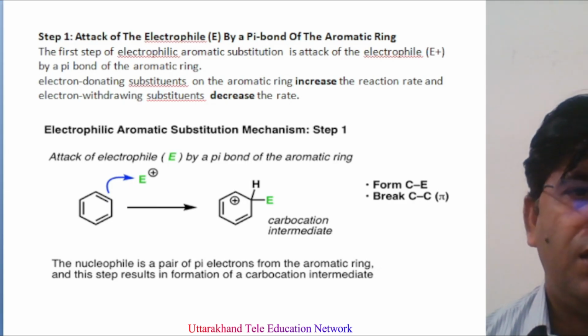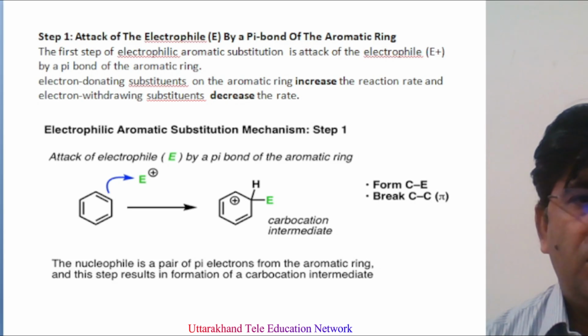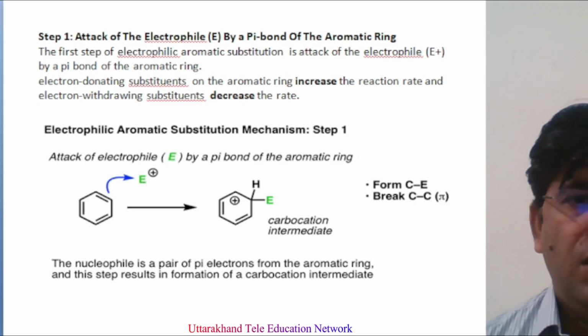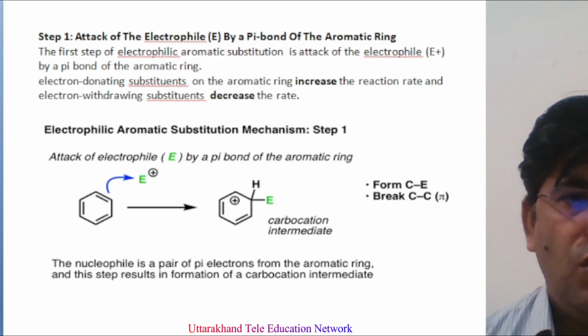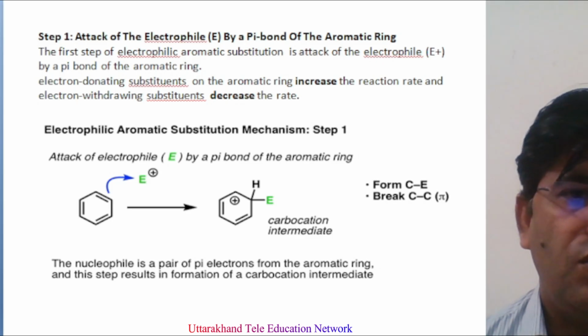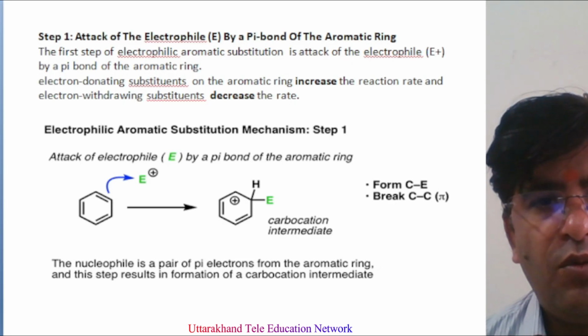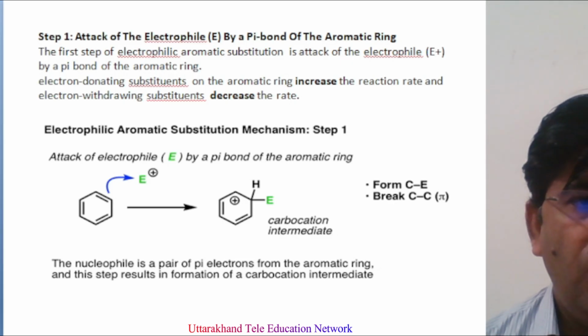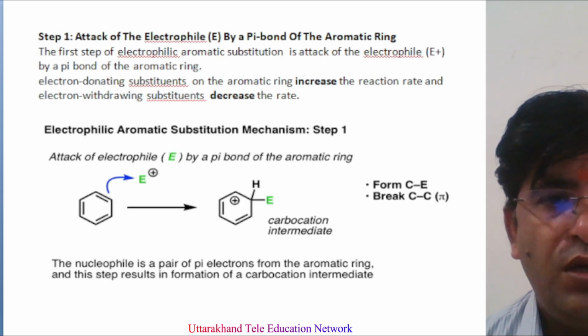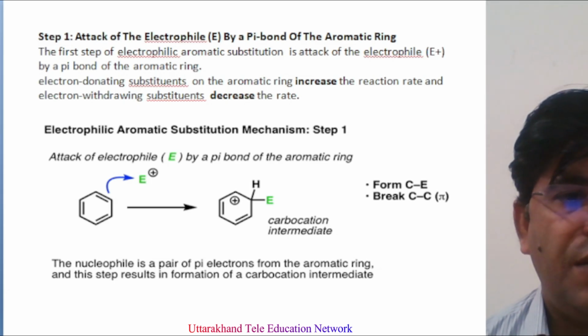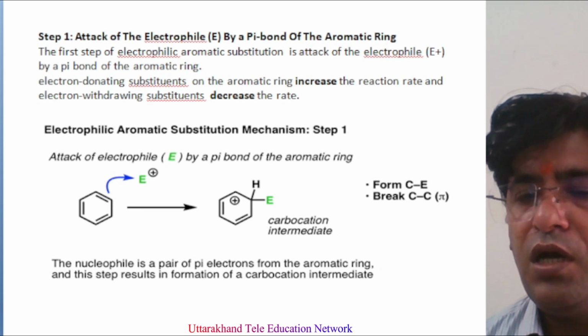And the electrophilic aromatic substitution mechanism: step one is the mechanism representation of attack of the electrophile on the benzene ring, forming a carbocation intermediate. The nucleophile is a pair of pi electrons from the aromatic ring, and this step results in the formation of a carbocation.